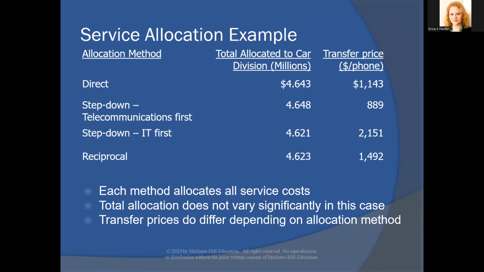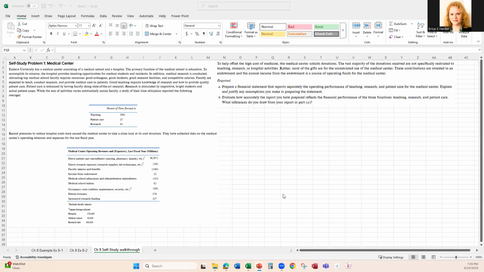All right, so having just discussed that, looking back at our medical center example here, we've got a hospital, like a teaching hospital, kind of like Mayo, where they've got direct patient care going on, they've got research going on, they've also got teaching going on, and the faculty salaries are needing to be allocated across all of those.